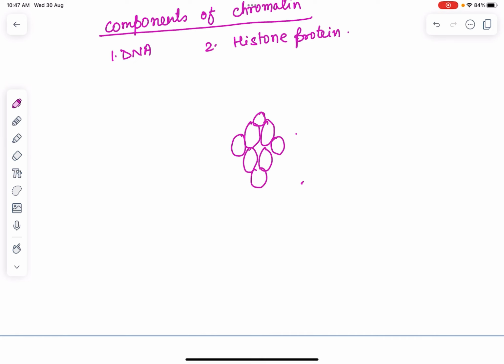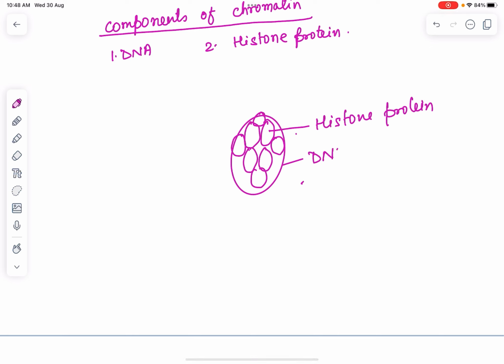See this octamer will be arranged and coiled with this DNA. This is histone protein, and this is DNA. This is called the structural unit of chromosome or chromatin. This is called nucleosome.